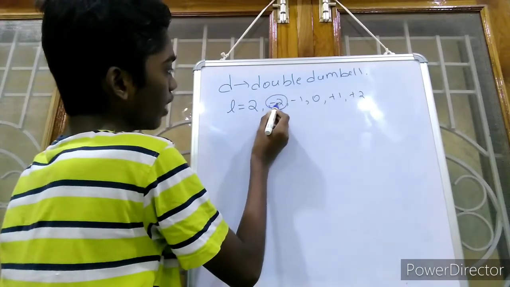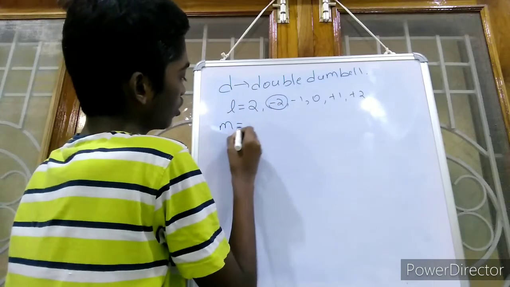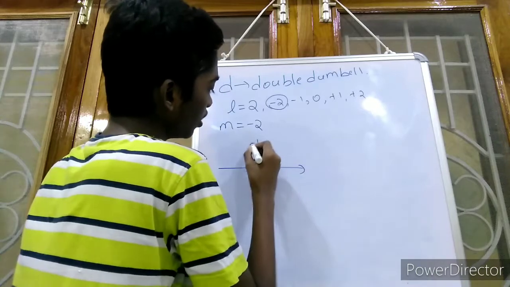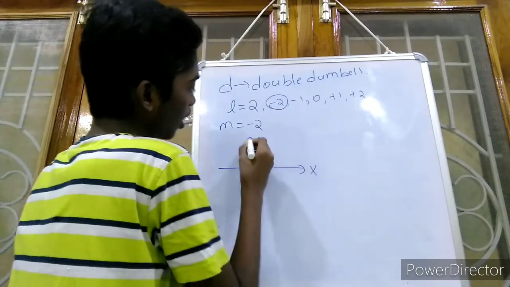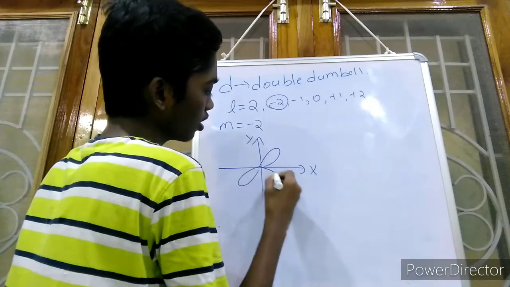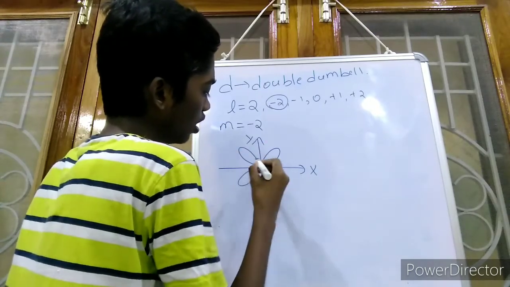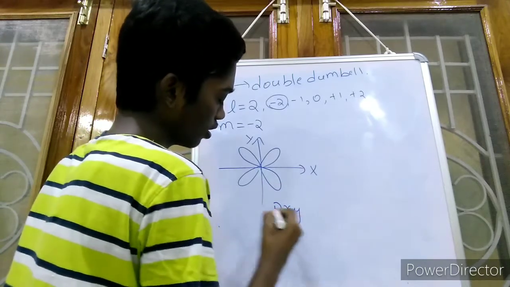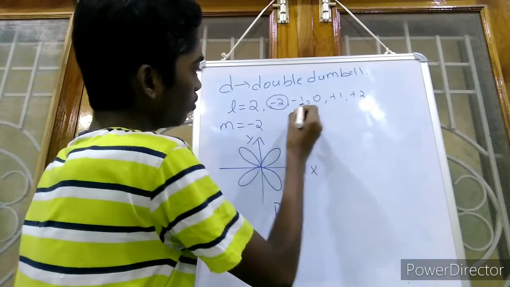Now first we will take the m value -2. We can draw the structure by taking this as the x-axis and this as the y-axis, and we can draw a double dumbbell structure. And we can represent this structure with pxy. Now we will take the m value -1.